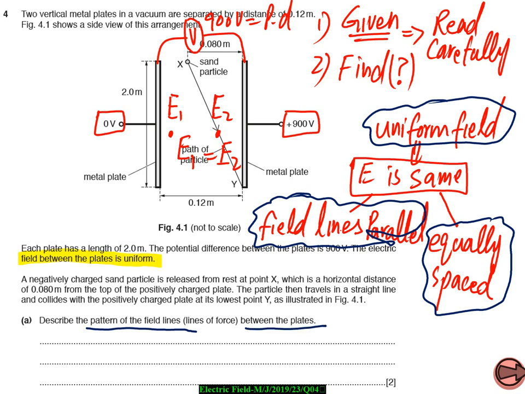We can see this question has 2 points, so we need to write down 2 important points, 2 physics concepts. This is how we can answer.